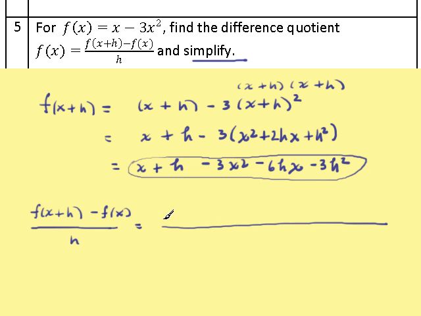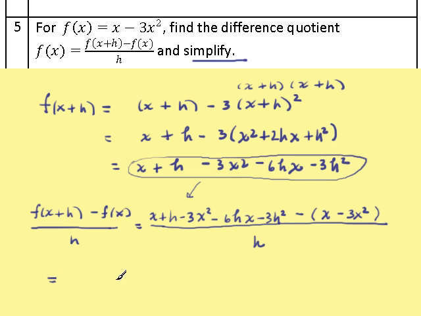So here's f of x plus h. I'm just going to take this and copy it in. And now we're going to subtract f of x. I'll put this in parentheses because that negative is going to apply to both terms, x minus 3x squared over h.